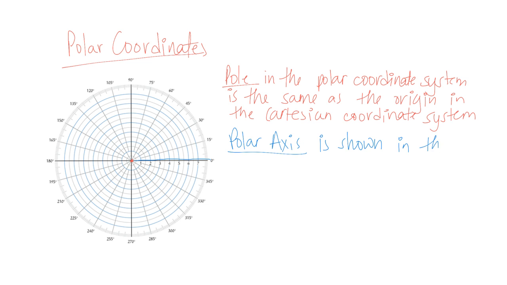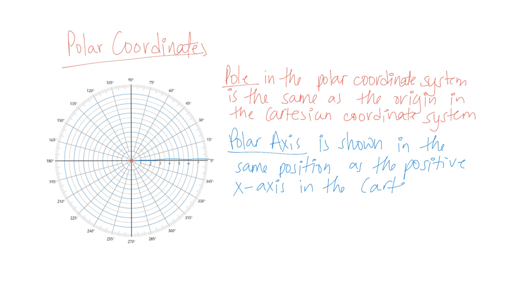The polar axis is shown in the same position as the positive x-axis in the Cartesian coordinate system. Those are the two important parts you're going to need here.